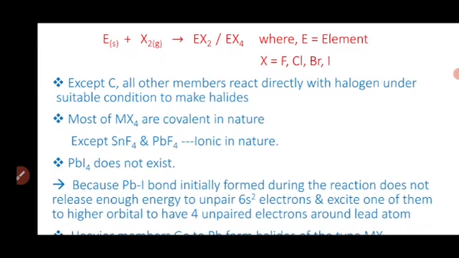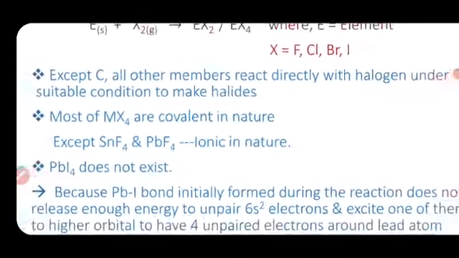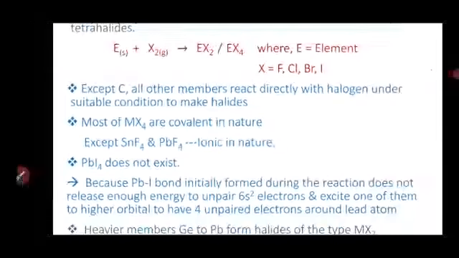It shows the reaction, no doubt. We have one compound, CCl4, carbon tetrachloride, but the conditions are different. It does not react directly with halogens. Now most of the EX4 are covalent in nature, means how are they forming? By sharing the electron pair.